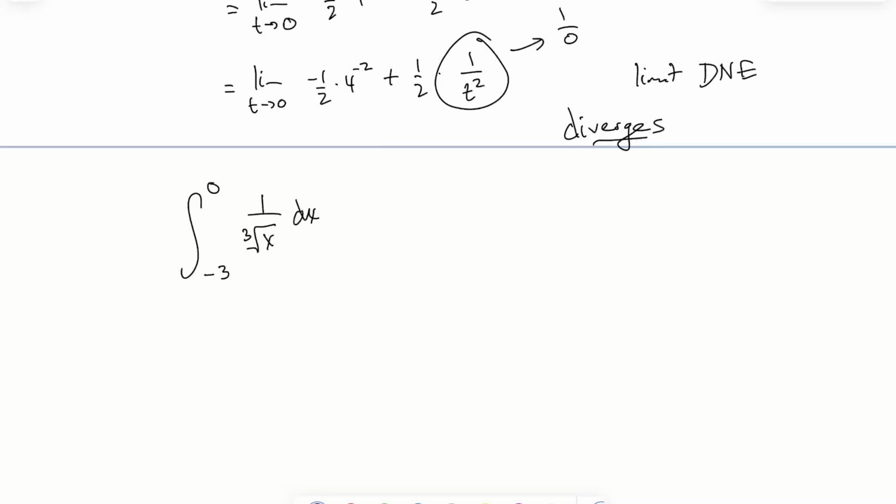What you wrote is correct for the cube root. So this is going to be 2 thirds. It would be 3 over 2.